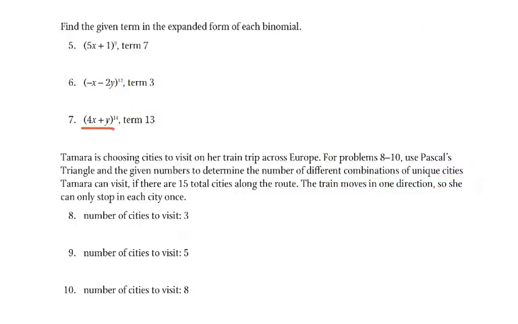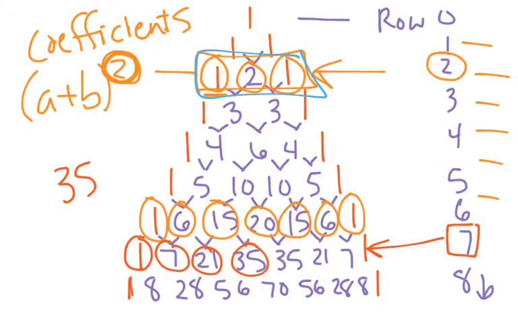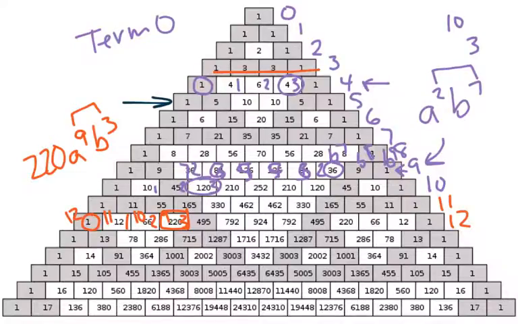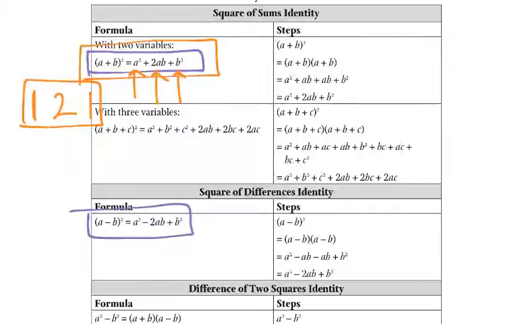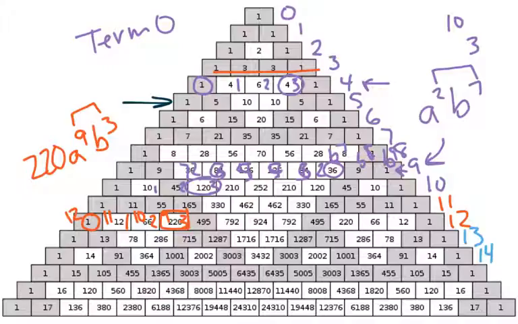So now looking at this one to the 14th, and they want term 13. Okay, so we need to go down to row 14, and we wanted the 13th term, right? Yep. So 0, 1, 2, 3, 4, 5, 6, 7, 8, 9, 10, 11, 12, 13.